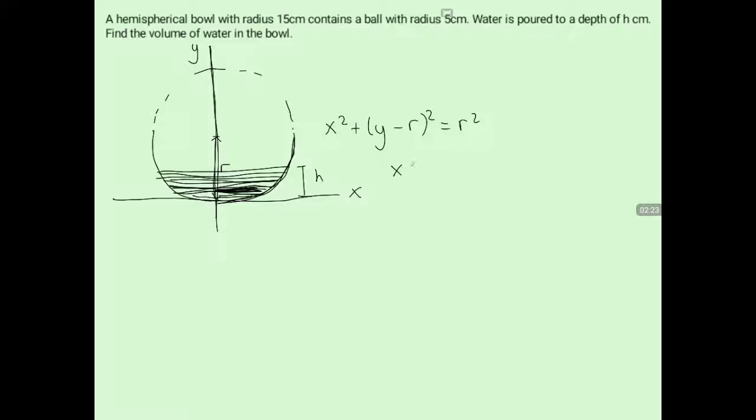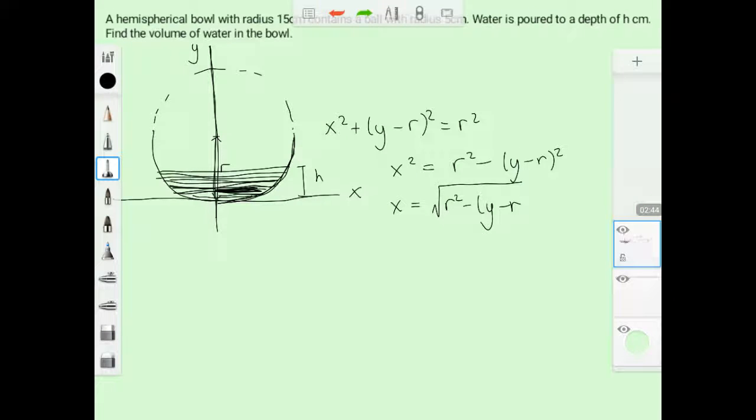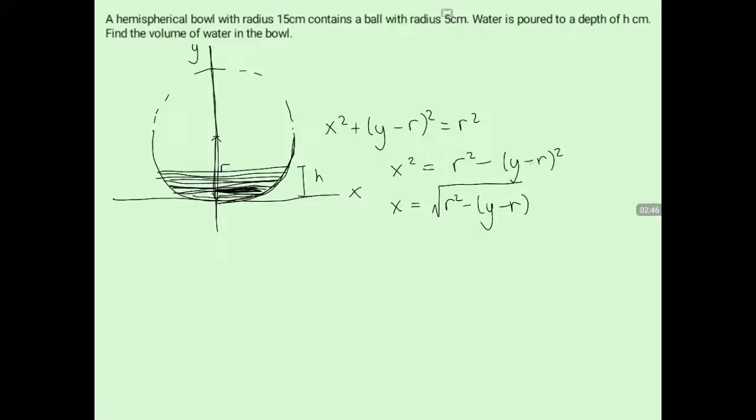If we solve for x, we get x squared equals r squared minus (y minus r) squared. So x is just going to be the square root of that. Whoops, it's going to be (y minus r) squared.